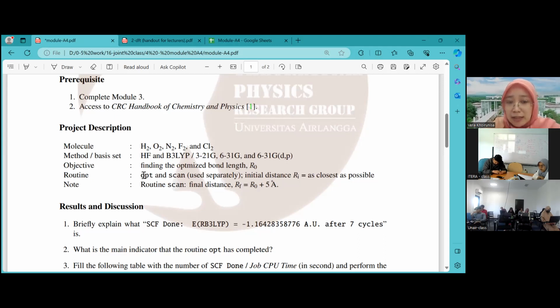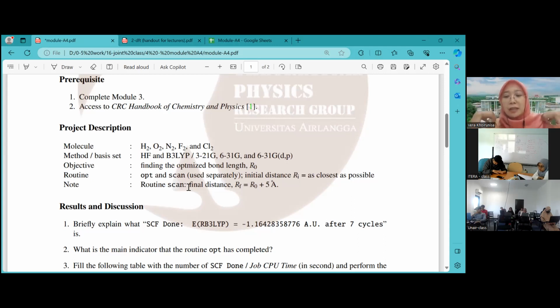I will demonstrate to you later. In the optimization routine, OPT, we only need the R initial. But for the scan, we will perform single point energy calculations. So we will calculate for each distance.